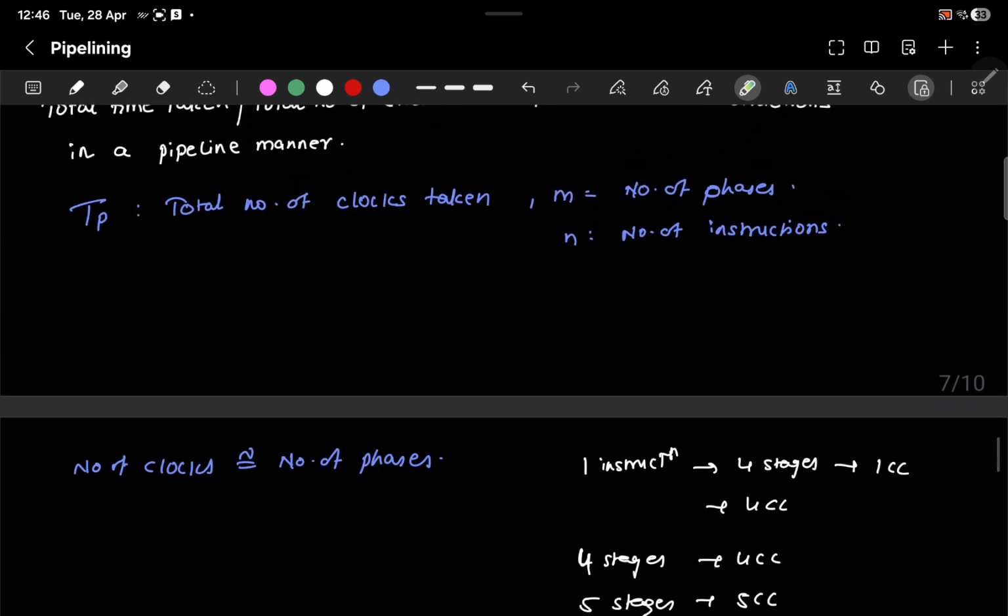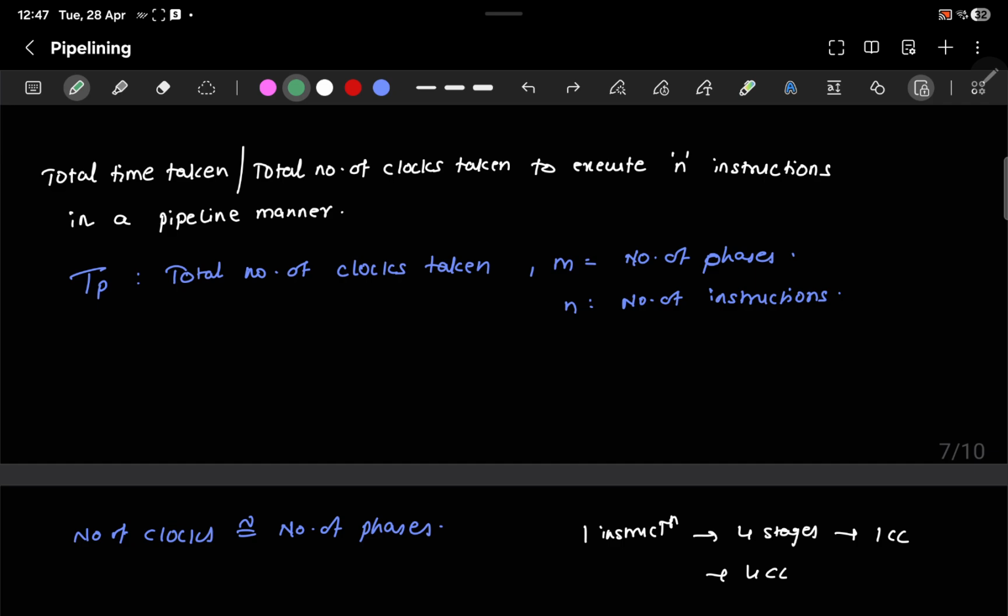So we will see now. If I want to come up with a formula, for example, what is the total number of clocks taken, or total time taken, that is TP. For the first instruction, one instruction has to go through m phases, that means it will take m clock cycles.